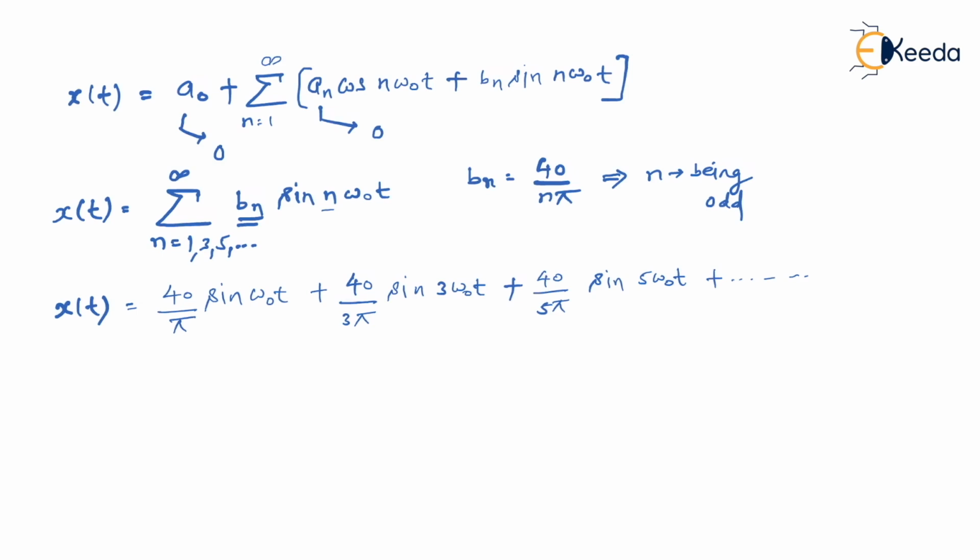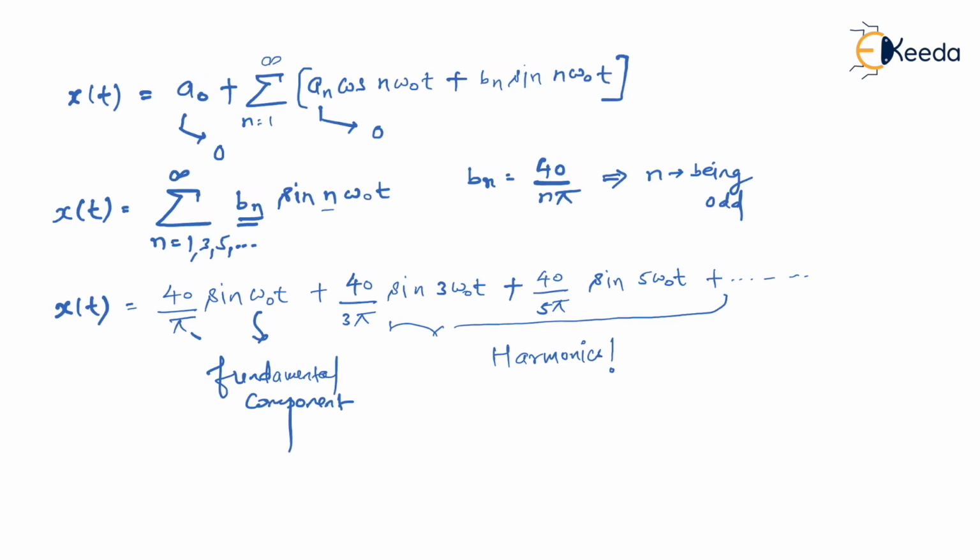So this is the Fourier series for the given signal x of t, where the sinusoidal component with frequency omega naught is called the fundamental component, and the rest are called harmonics.